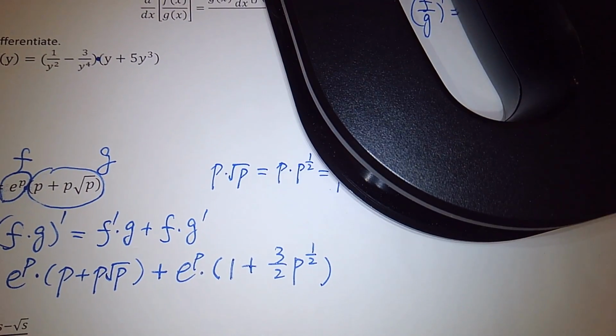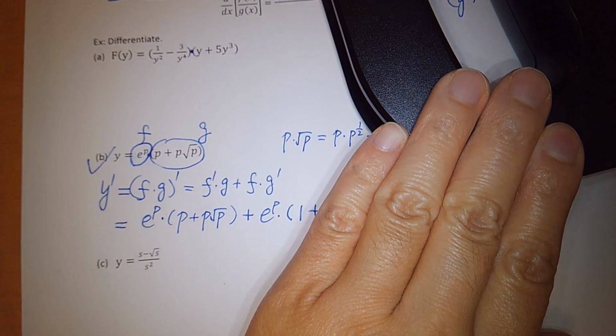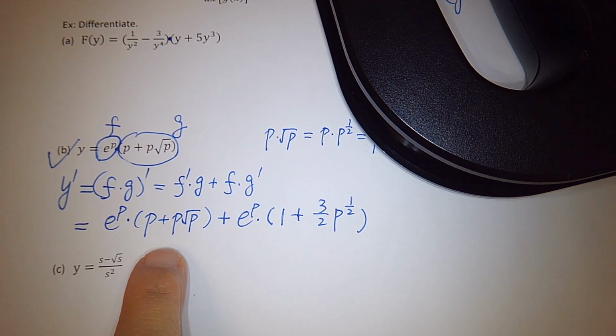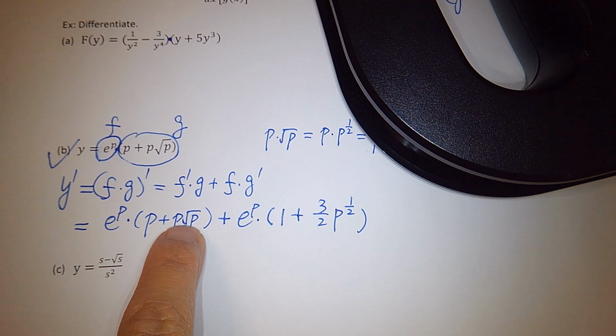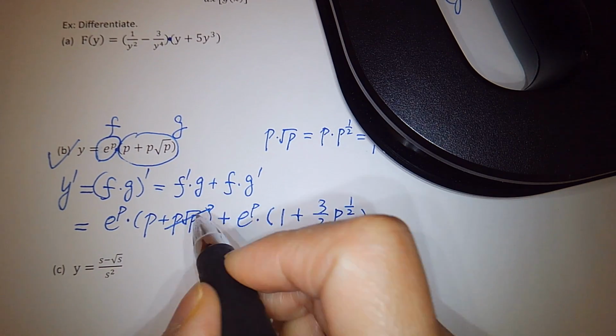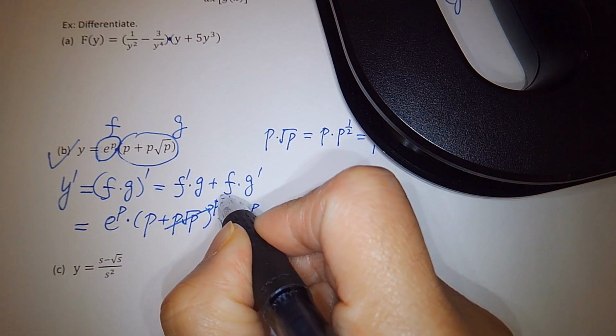Alright, now let's see whether we can simplify. I'm going to rewrite p times square root of p as p to the 3/2.